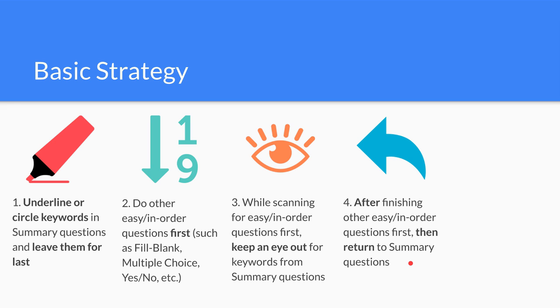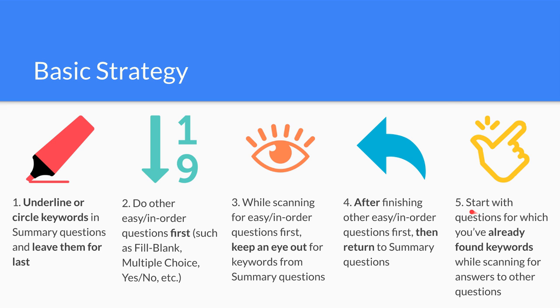And when I say hard questions, I mean 4 types of questions: the summary questions, the paragraph location questions, the pick from a list questions, and headings questions. Those 4 types of questions are difficult, so you have to do the same thing for difficult questions. Mark the keywords in these difficult questions, and then do the easy ones first, and when you are done with the easy ones, then you should return back to these hard questions.